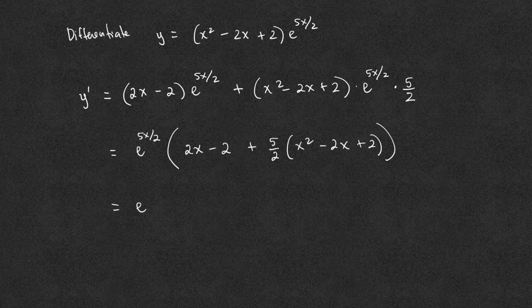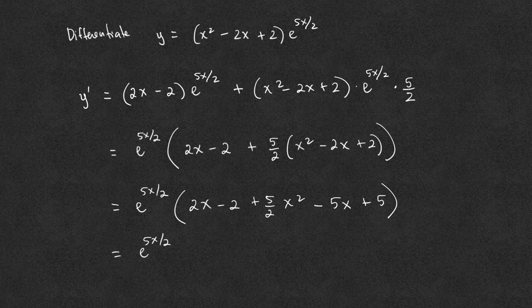This is e to the 5x over 2 times the quantity 2x minus 2 plus 5 over 2x squared minus 5x plus 5, or e to the 5x over 2 times 5 over 2x squared. 2x minus 5x is minus 3x, and minus 2 plus 5 is plus 3.